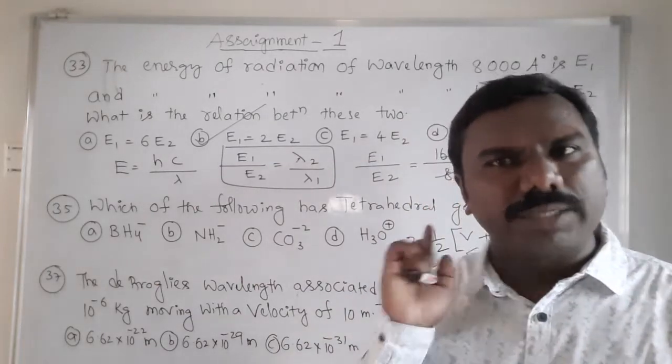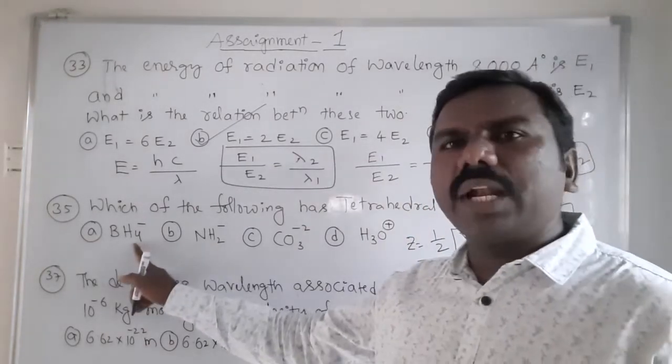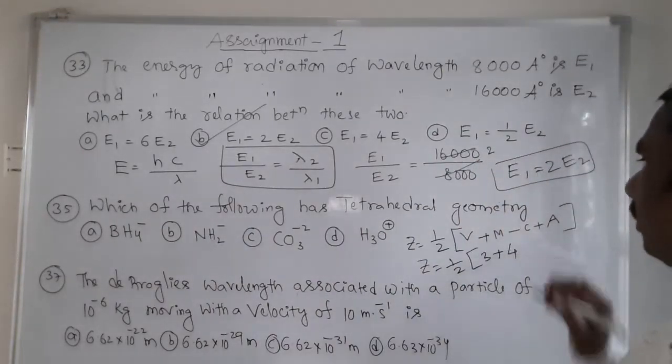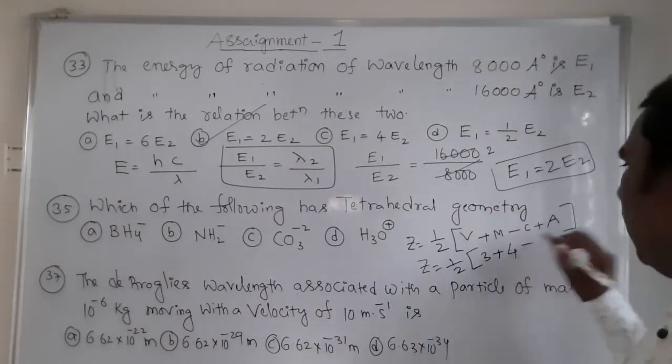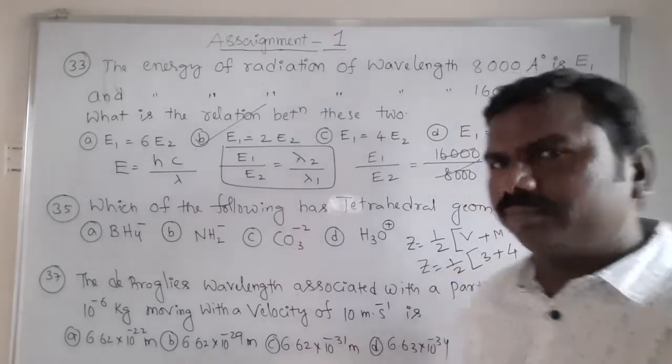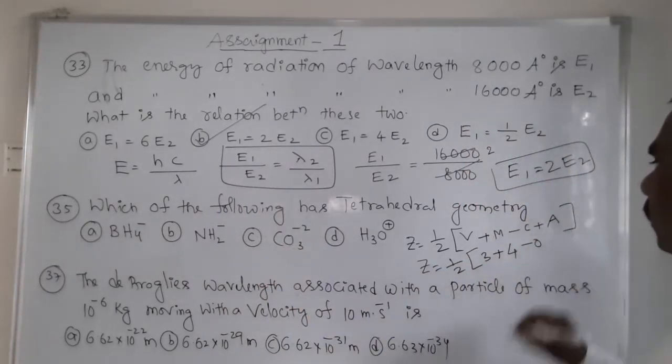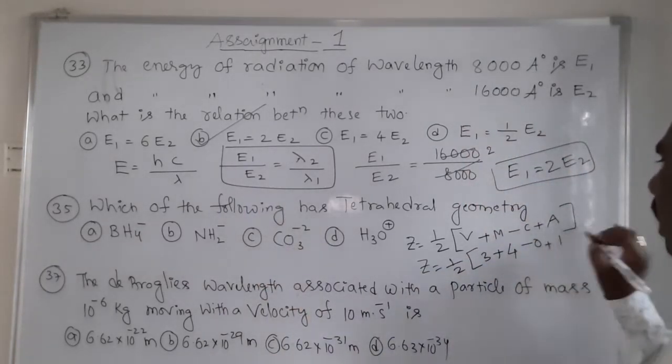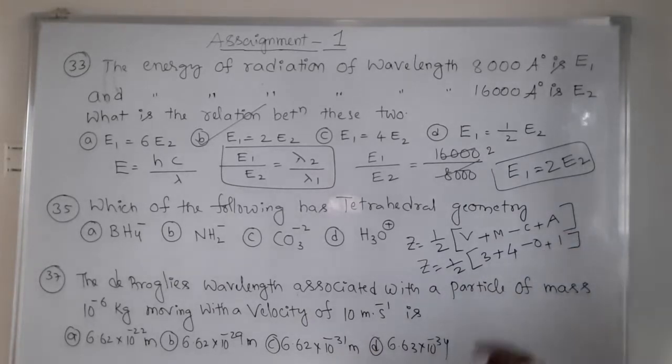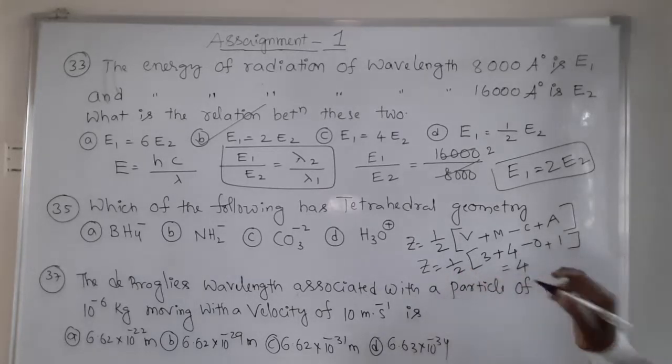Valency of hydrogen is 1. So there are 4 monovalent hydrogen atoms, that's why plus 4. Minus, there is no cation, 0, and anion will be 1. That is 3 plus 4 plus 1, totally how much? 8 into half, that is equal to 4.